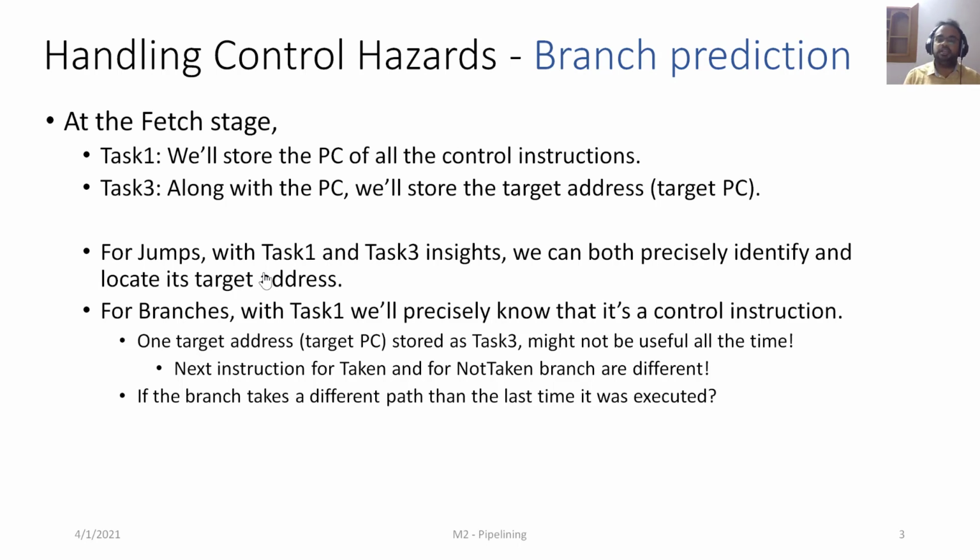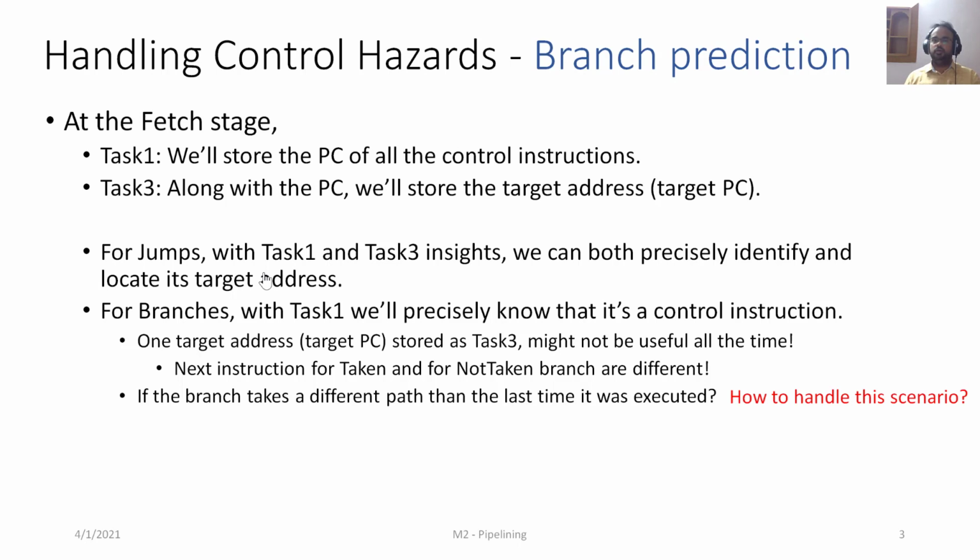If the prediction says this time the branch will be taken, we'll go and take the target address we saw earlier when it was taken. If the branch prediction says this time it will not be taken, then we will go and pick the address which is stored, which we got the last time it was not taken. That's how we would handle the scenario based on the prediction.